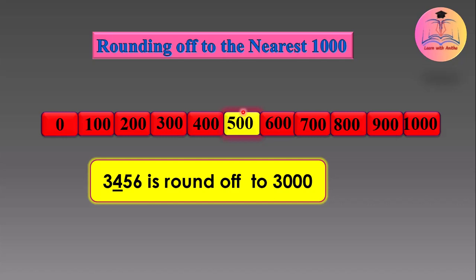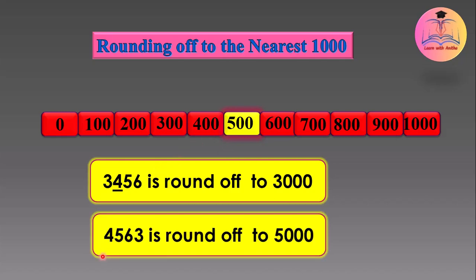So it is less than 500, so we need to round off nearer to 0. So what we have to do? We put 0 in the hundreds column, then 0 in the tens column, then 0 in the ones column also. The thousands digit remains the same. No need to change this number because it is less than 500.